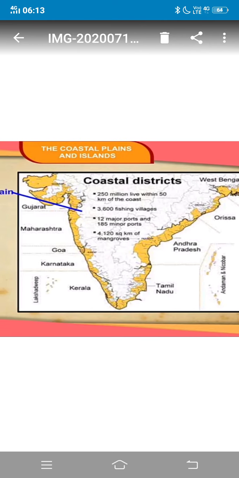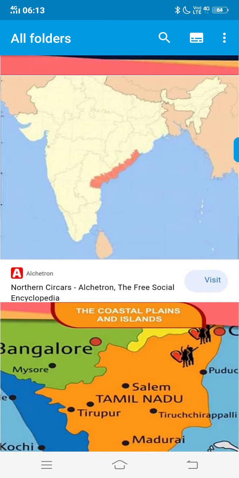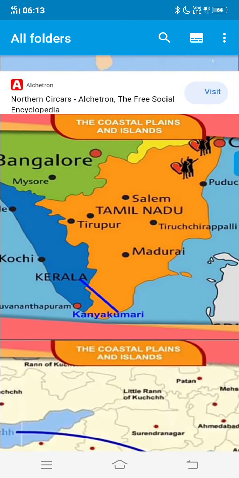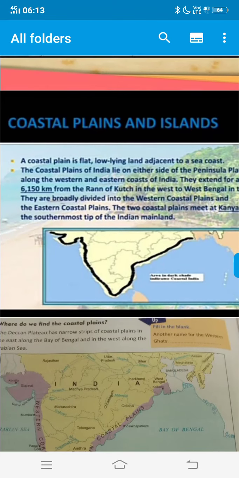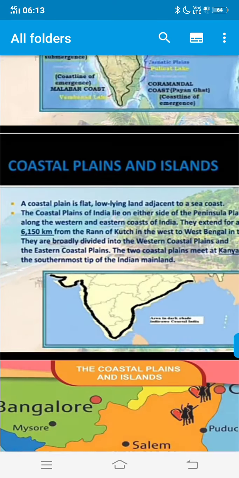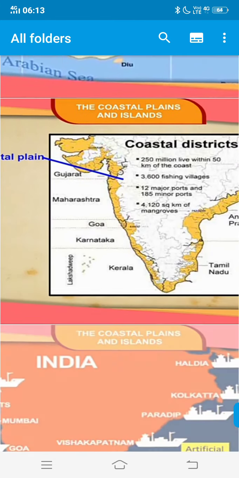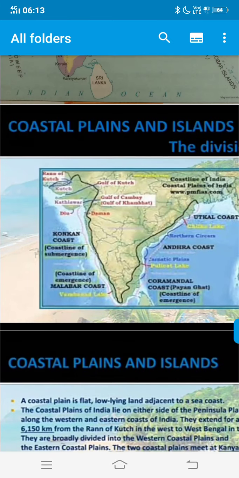Now let me tell you one more thing: in the Andaman and Nicobar Islands, we have a jail called Cellular Jail, which was built by the British, and many freedom fighters were imprisoned here, children. This is a historical place. We used to call it Kala Pani in Hindi.